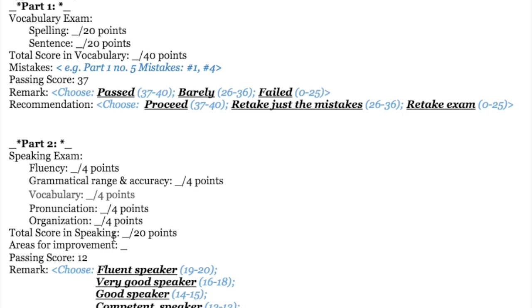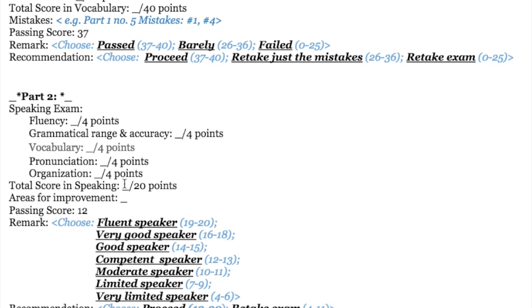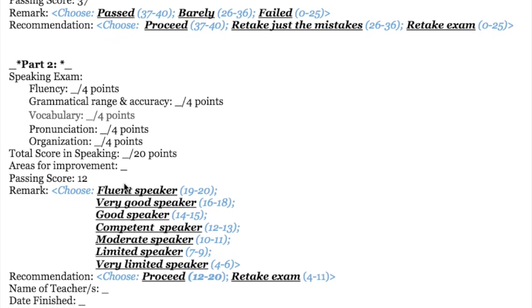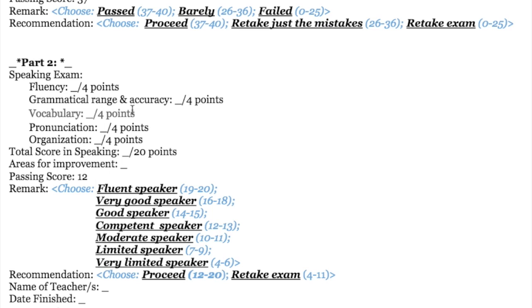So you can see in here some scores, because we have an attempt to provide appropriate recommendations for students to help them progress further. So the rubric was designed based from the following criteria. We have fluency, grammatical range and accuracy, vocabulary, pronunciation, organization. So the highest possible score for each would be 4. So if you are to add, you'll get 20 points.